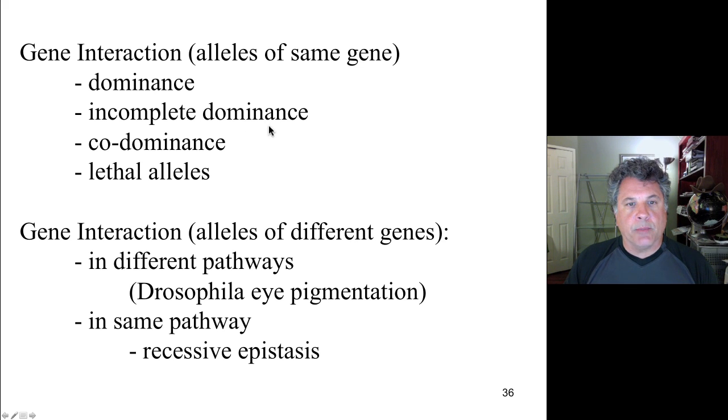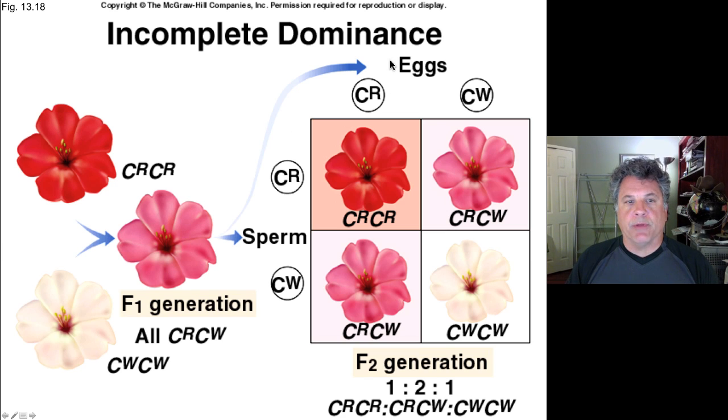So let's look at incomplete dominance. And here's an example of incomplete dominance. Here we have a red flower whose red phenotype is dictated by being homozygous for the red allele. Let's call it the color allele, and R means red. And then there's a white phenotype for flowers, and that white phenotype is determined by being homozygous for the white allele, for the color allele.